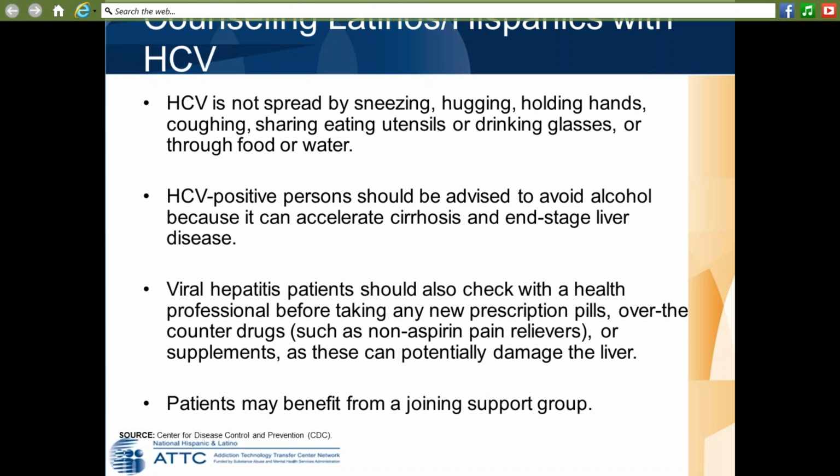HCV patients should also check with a health professional before taking any new prescriptions. I think Dr. Monterrey covered that very well as well. Patients benefit from joining a support group.